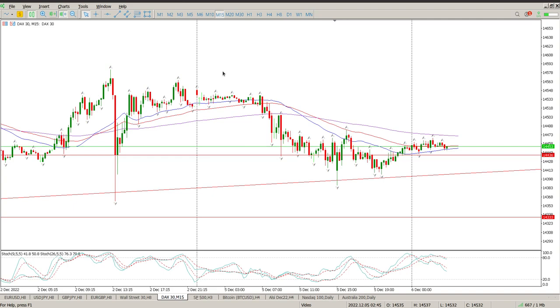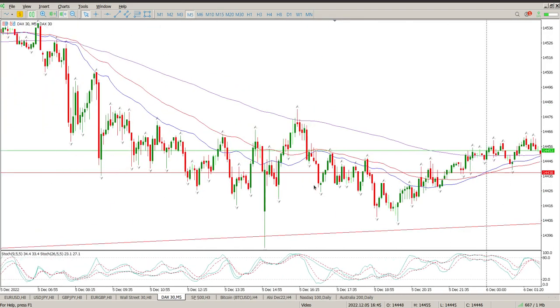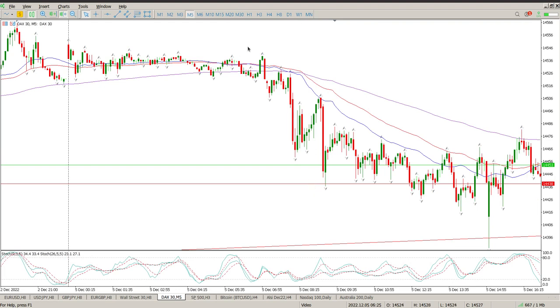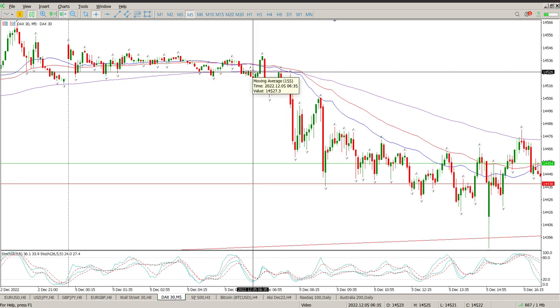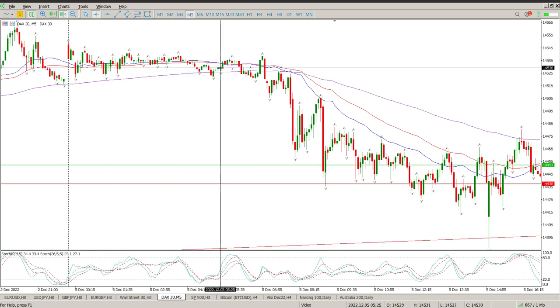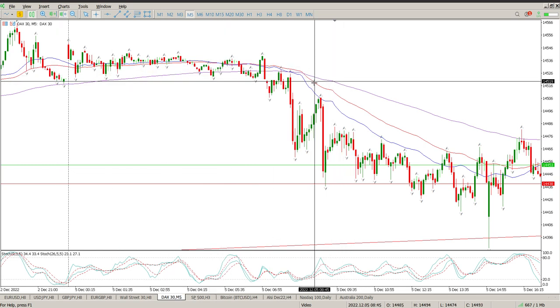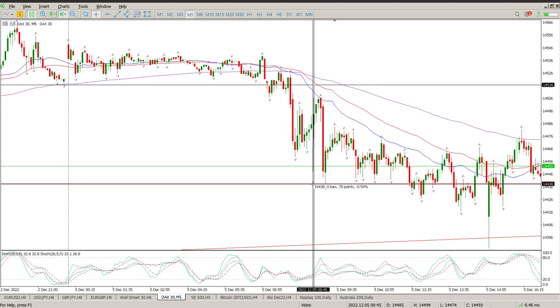This to me just looks like indecision, and even if you're watching this on a 5-minute, I suppose on a 5-minute you would have seen a break of the moving averages here, and then a retest of whatever structure it was aiming for. But there's a 155 with a lot of tails to the left, so you could argue that there was an entry there of 15-odd point risk for 78 point gain.